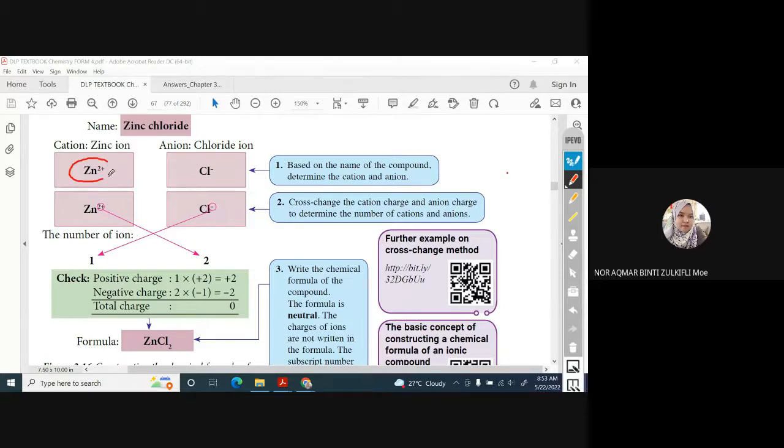Okay, so zinc 2 plus with Cl negative. Okay, zinc 2 positive with Cl negative. So make sure you take note the number of charge. Okay, let's say zinc we have 2 plus or 2 positive. Okay, you make it cross here. We call it a cross change. This method we call cross change.